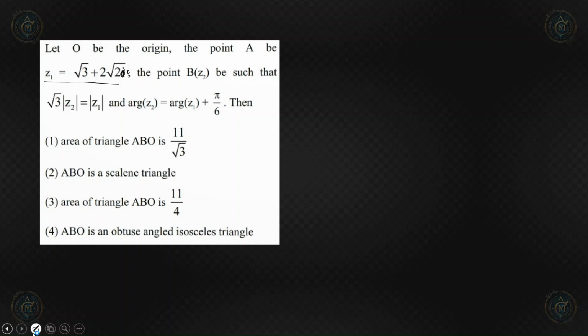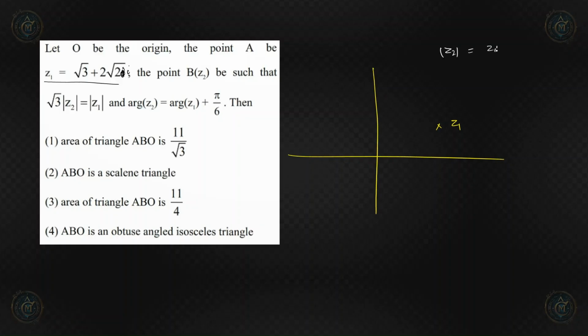That means let us visualize this complex number. So z1 is root 3 plus 2 root 2 iota, that means somewhere here. And this point B be such that root 3 times mod z2 equal to mod of z1. That means mod of z2 is equal to mod of z1 divided by root 3, right?